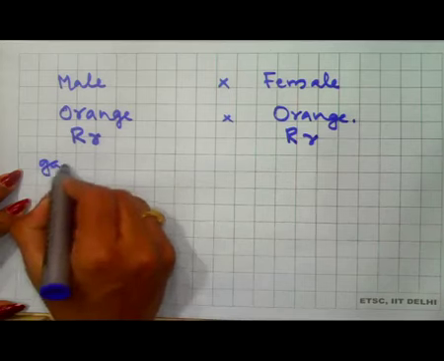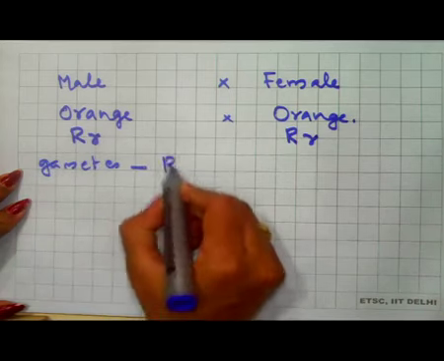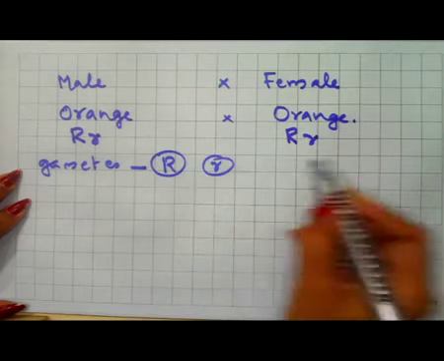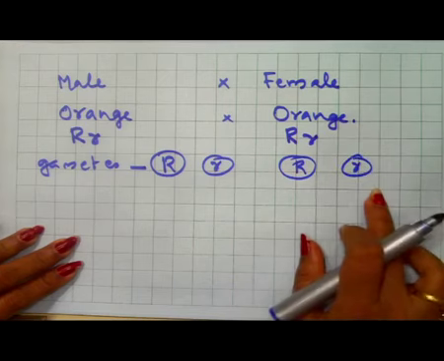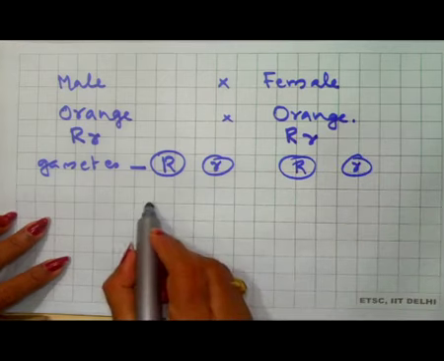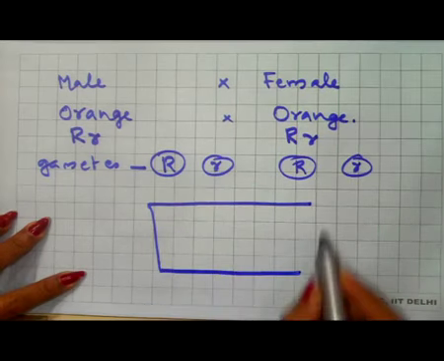Now, the gametes: capital R, small r, capital R and small r here. We can show it in the form of Punnett square.